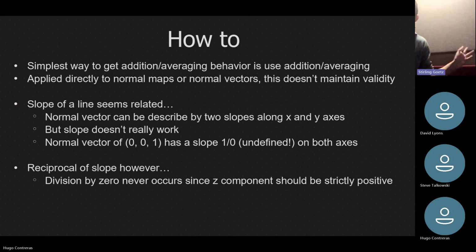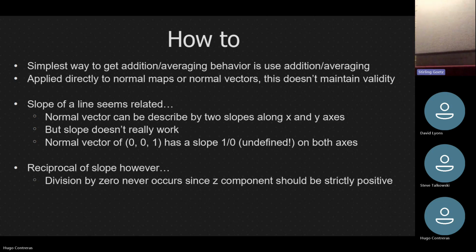Since we're fundamentally talking about things that are tilted, the concept of the slope of a line seems intuitively related. The whole thing from middle school, y equals mx plus b.